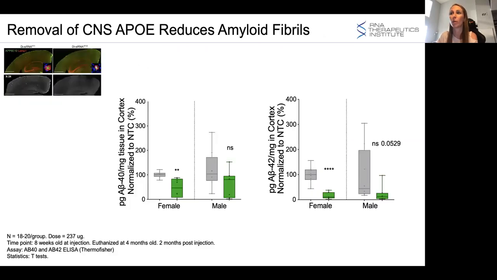Amyloid burden can also be measured using ELISAs for A-beta 40 and A-beta 42 fragments. Consistent with plaque data, we observed a reduction in both A-beta 40 and A-beta 42, with the most significant reduction being in A-beta 42, the more toxic fragment, in female mice.